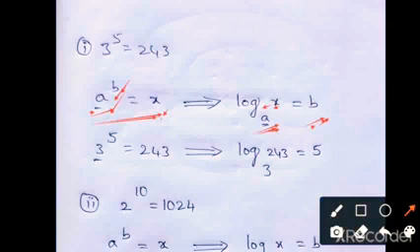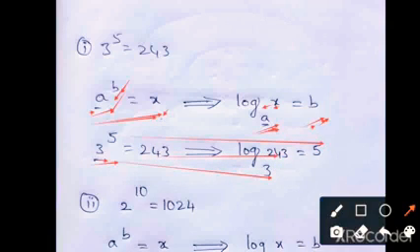So here 3 goes to the base place, 5 will be settled after is equal to, and 243 will be settled near log.